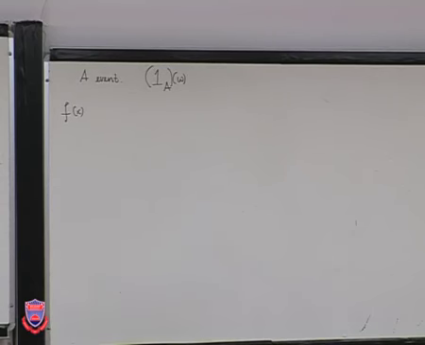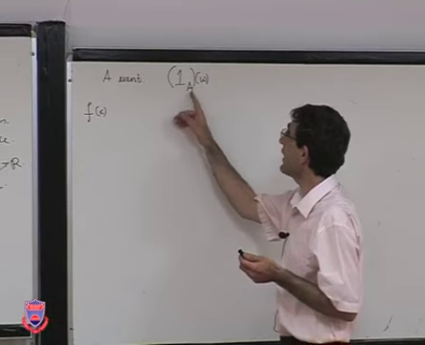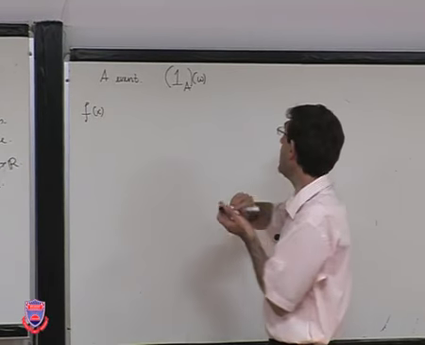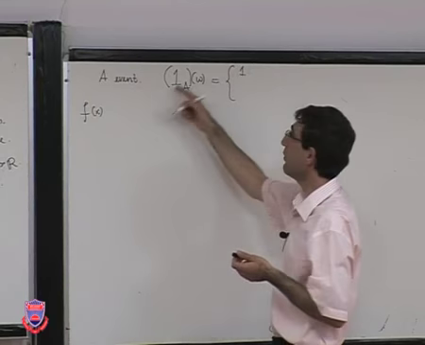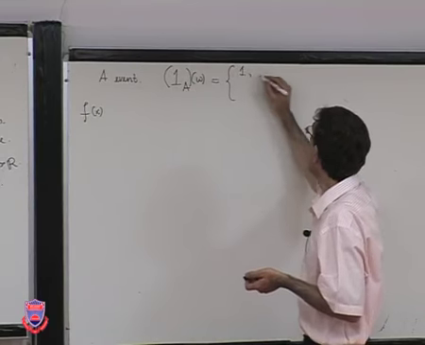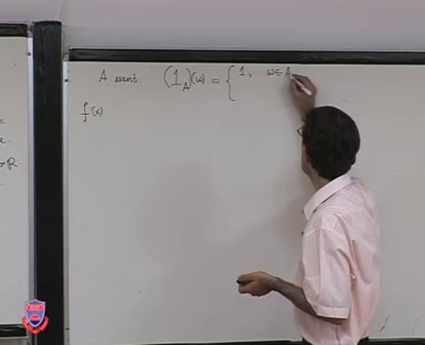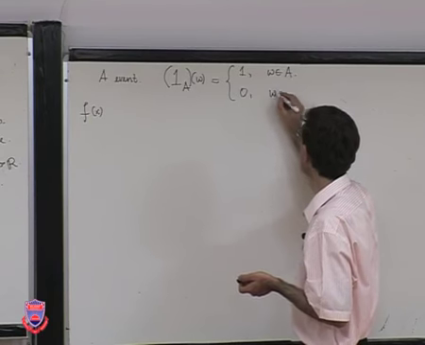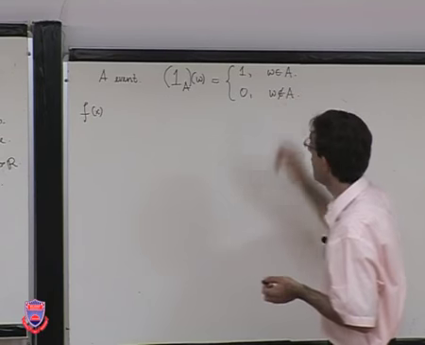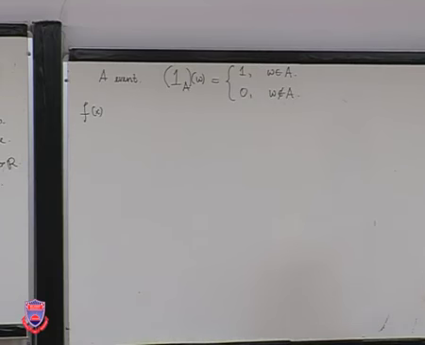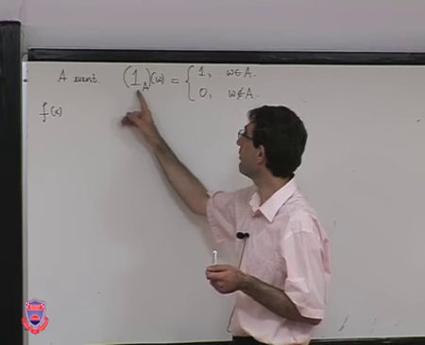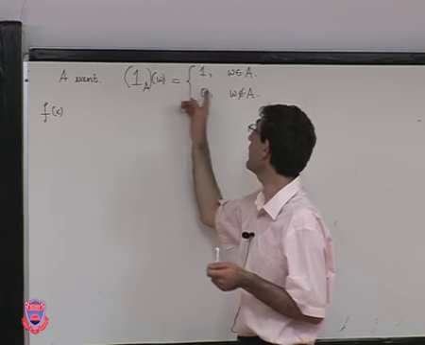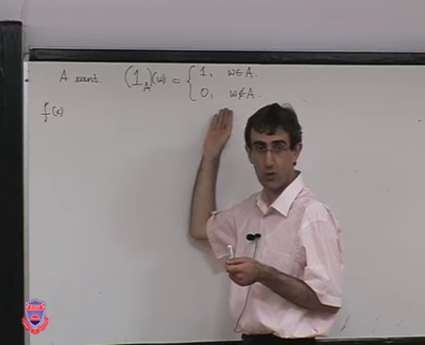I do it like this because this is associated with event A in the following way. It takes value 1, that's the reason why people use 1, if omega belongs to event A, and 0 otherwise. We should not allow this to become a barrier to the message it is trying to convey.